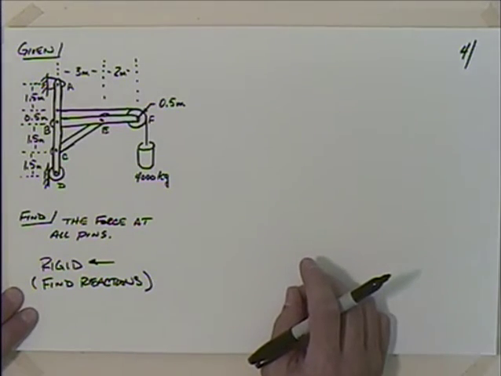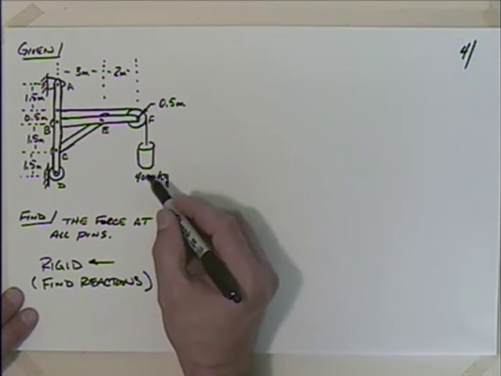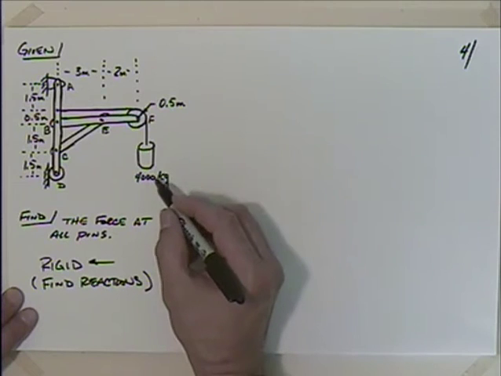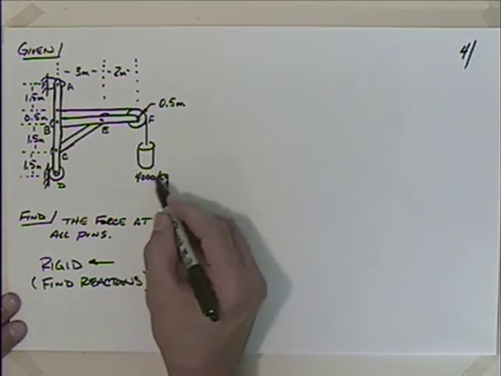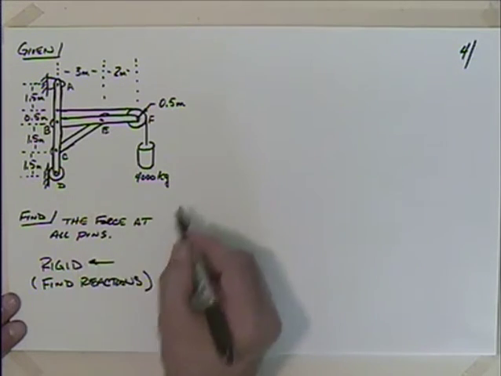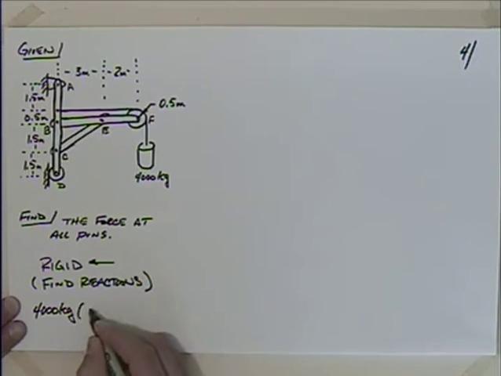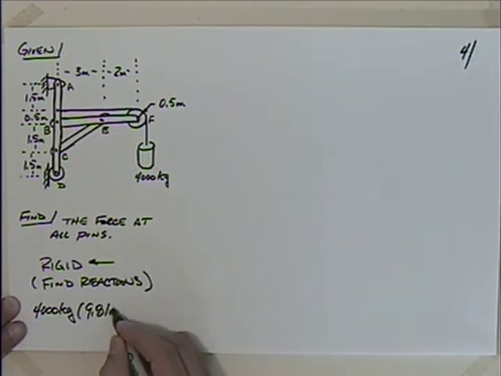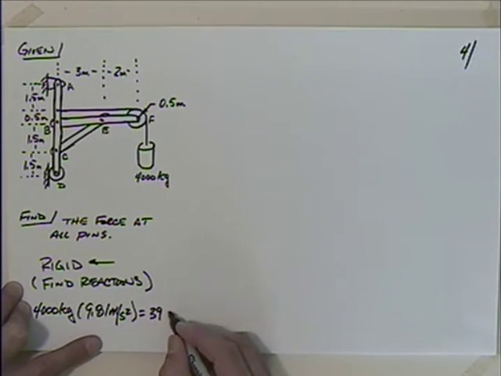The other thing we have to be careful of is when we draw a free body diagram, the free body diagram is always a diagram of forces. I don't want this mass here. I'm going to have to take 4,000 kilograms, multiply by 9.81 meters per second squared, and I'm going to come up with, what, 39,240 newtons.